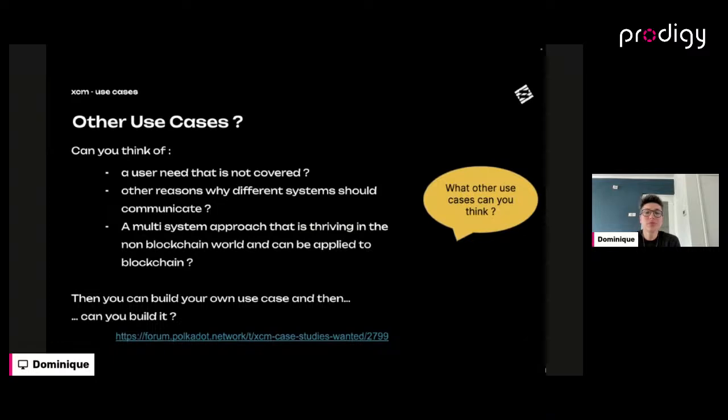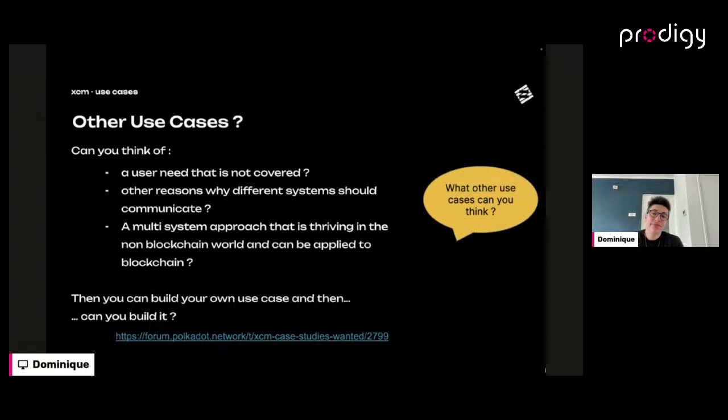So, a way to figure out, or maybe you already know, other reasons why different systems could communicate, or even if you know a multi-system approach that is actually in use in the non-blockchain world and can be applied to blockchain, then it's a good use case for XCM.